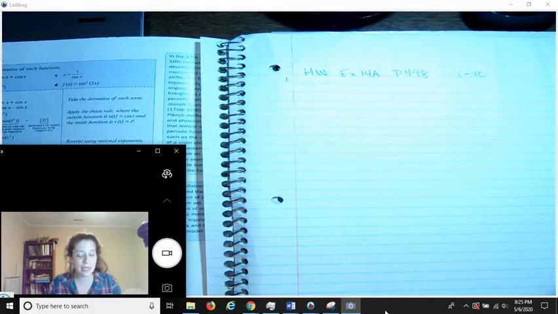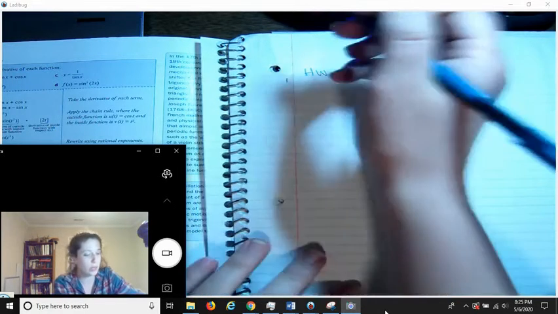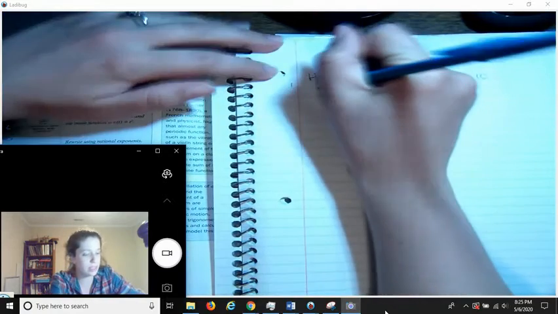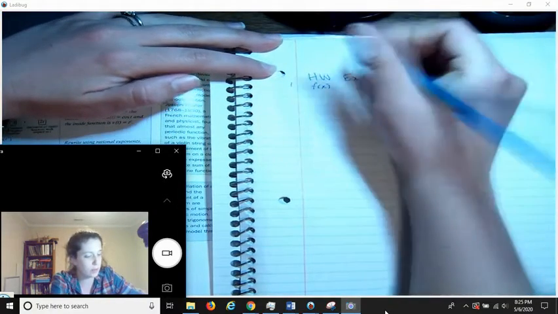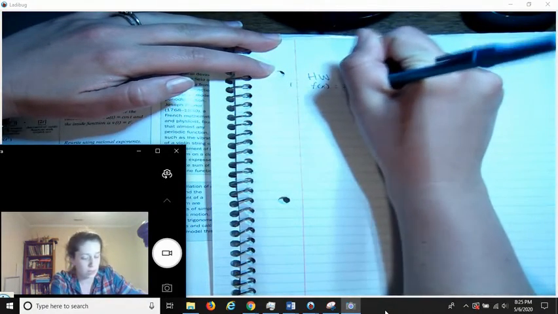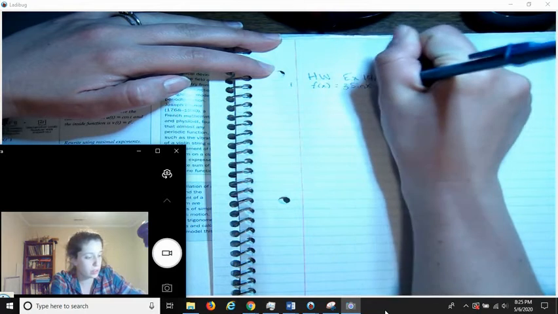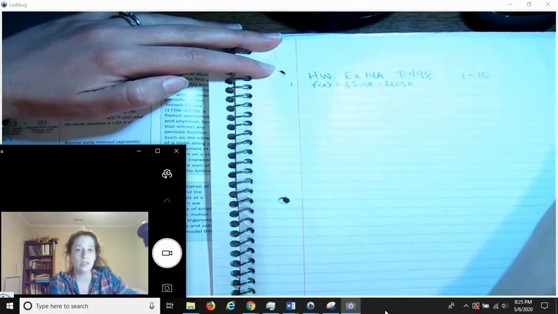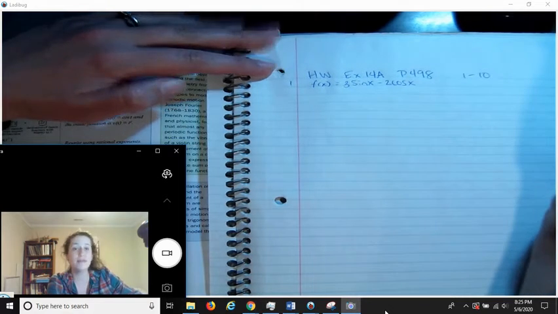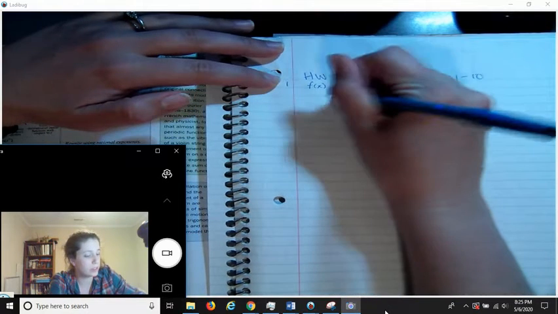Okay, so number 1, it says in questions 1 through 10, find the derivative of each function. So in number 1, we have 3 sine x minus 2 cosine x. I think the earlier ones most everybody got. The derivative of sine is cosine, so we'll just have 3.